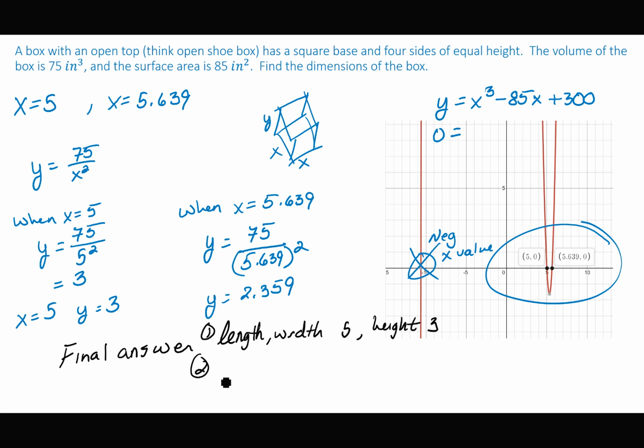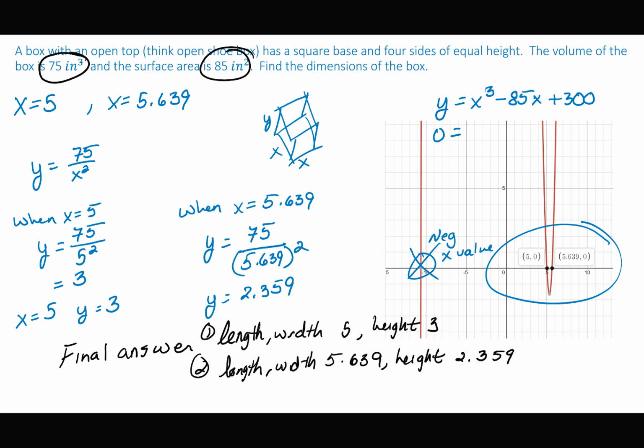A second one, I can have a length and a width of 5.639 and a height of 2.359. Either of those two combinations will satisfy that the volume is 75 inches cubed and the surface area is 85 inches squared. So those are the two solutions that I put down for my final answer.